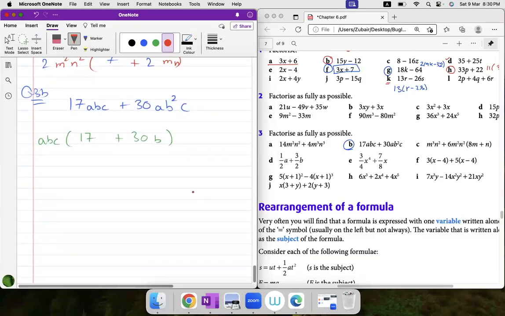Now let's see that C part. M cube n square plus 6 m square n square, bracket 8m plus n.